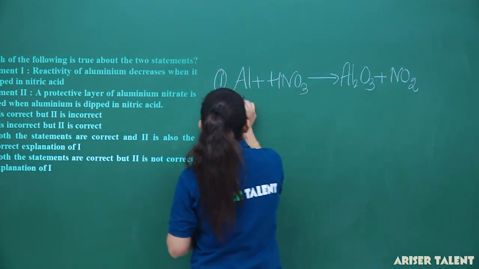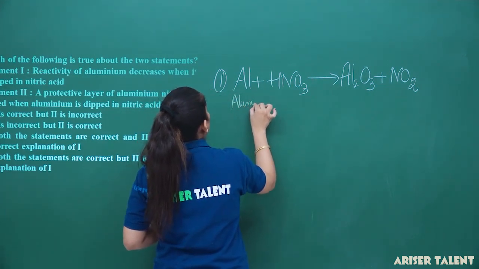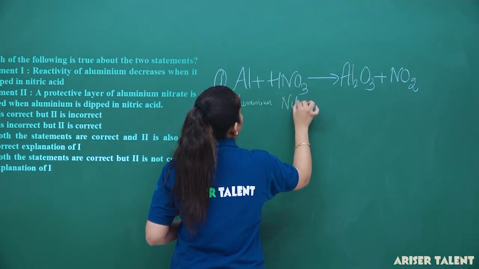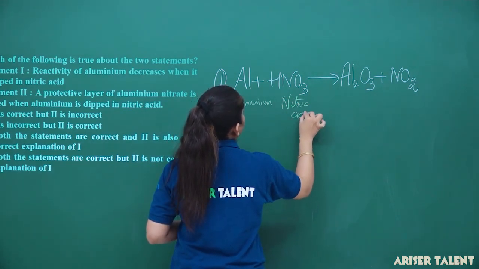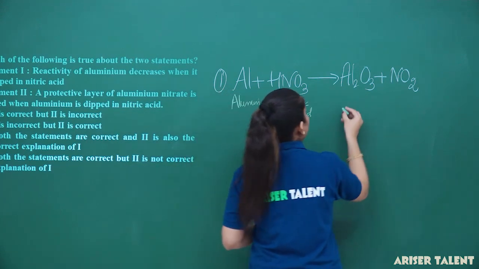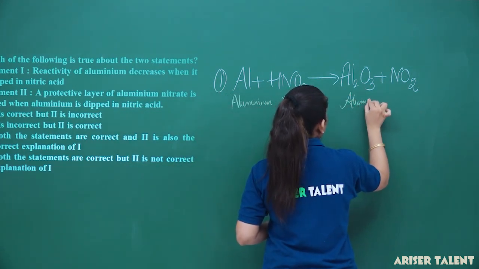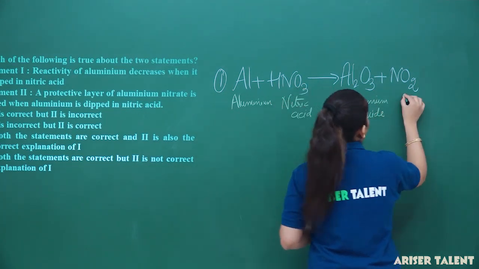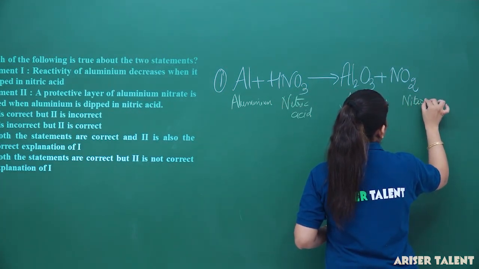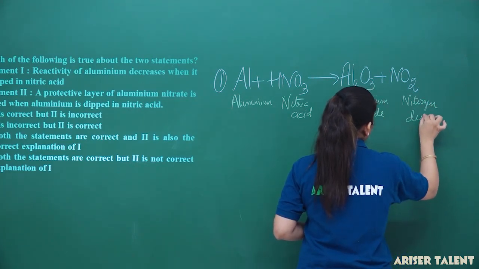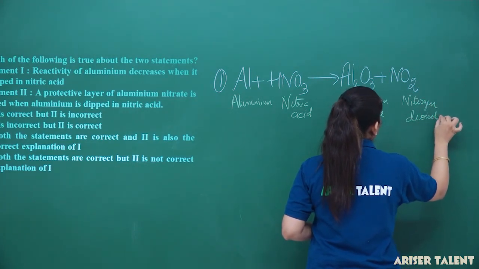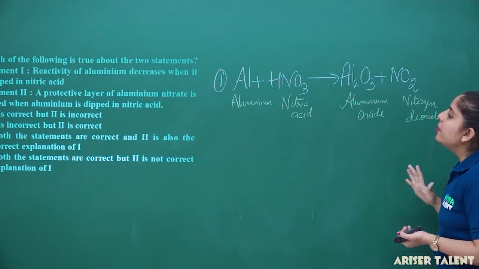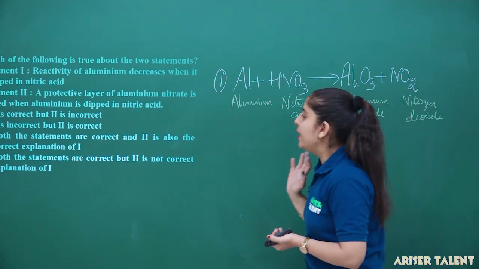So this is our aluminium, this is our nitric acid, this is our aluminium oxide, and this is our nitrogen dioxide. Now, you can see that reactivity of the aluminium decreases when it is dipped in the nitric acid.